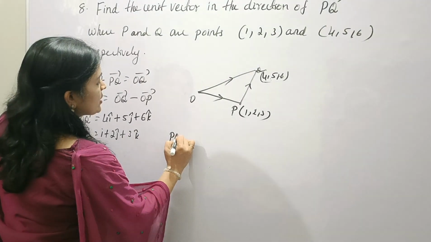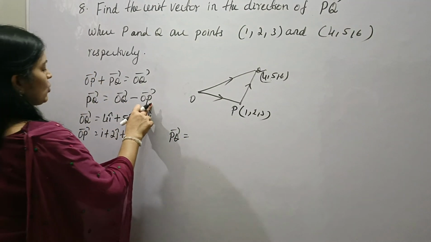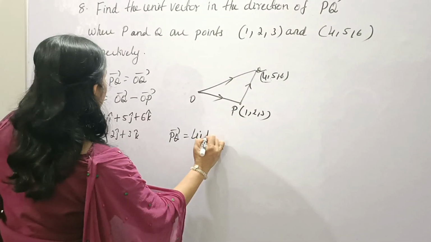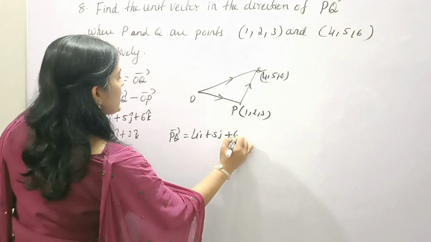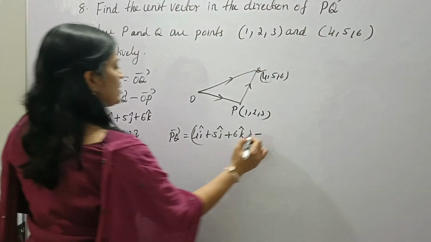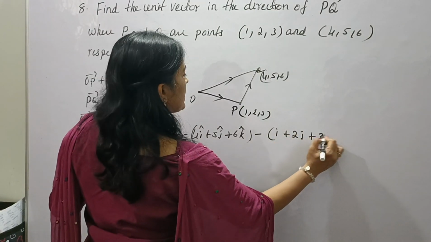So vector PQ is equal to vector OQ minus vector OP. Vector OQ is 4i plus 5j plus 6k minus (i plus 2j plus 3k).